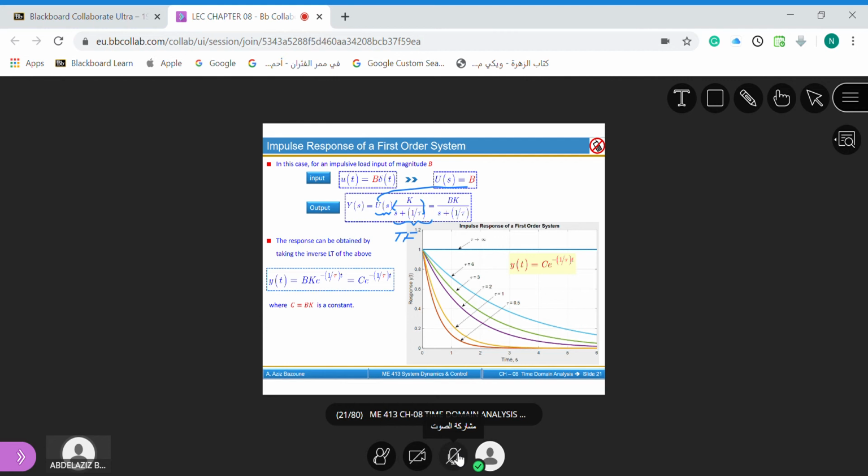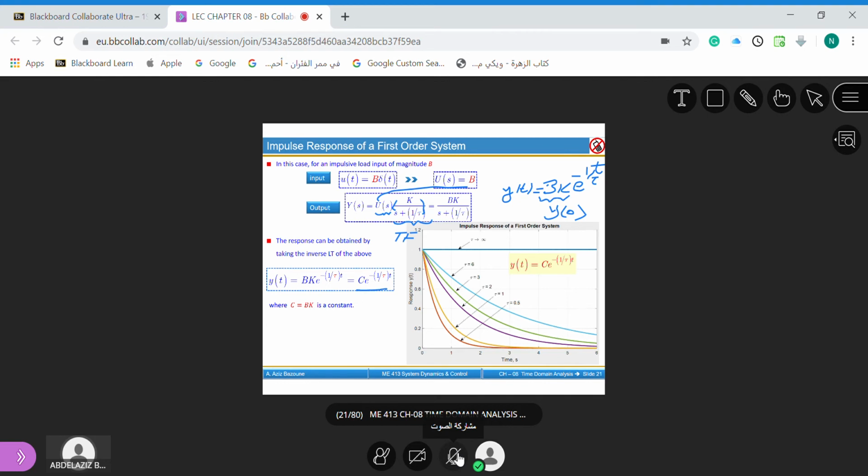If we now take the inverse Laplace transform, Y of T will be simply equal to BK, which is a constant, times exponential of -1 over tau T, which looks exactly like the initial condition response, where we have Y of 0.